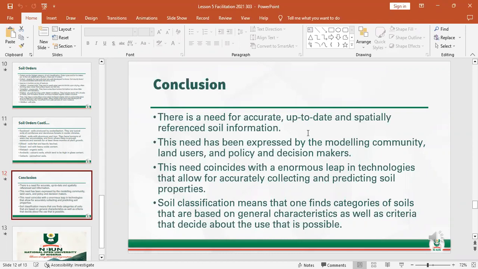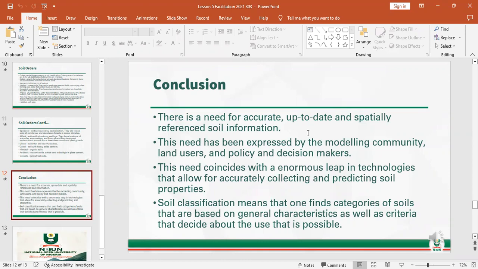These needs have been expressed by the modeling community and land users, and this need coincides with an enormous leap in the technology for accurately predicting as well as collecting soil properties.